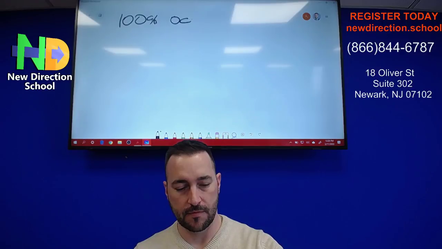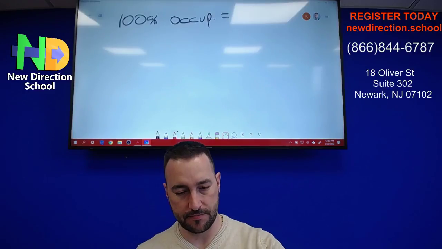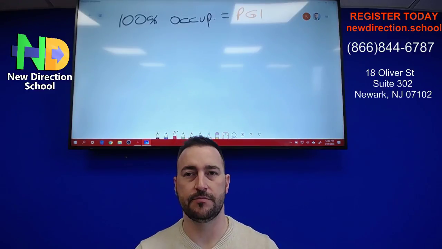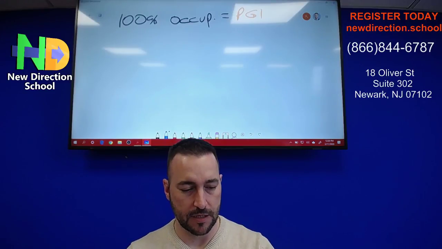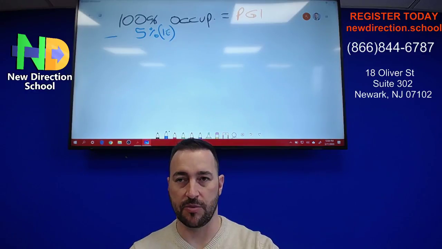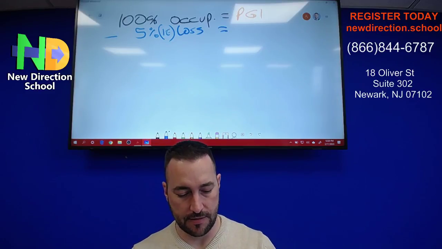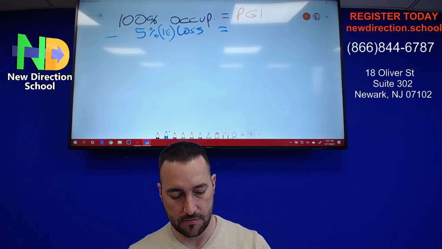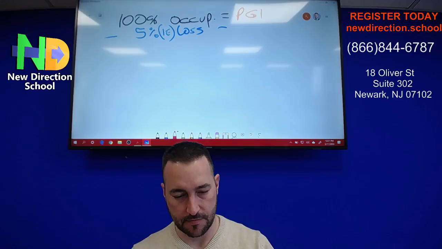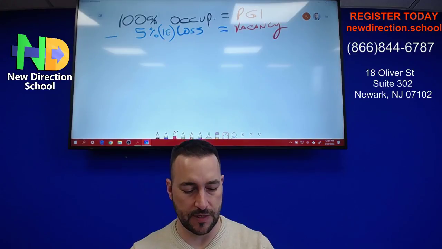So we have 100% occupancy. Now this is called potential gross income, minus 5% in example, loss, vacancy and so on.